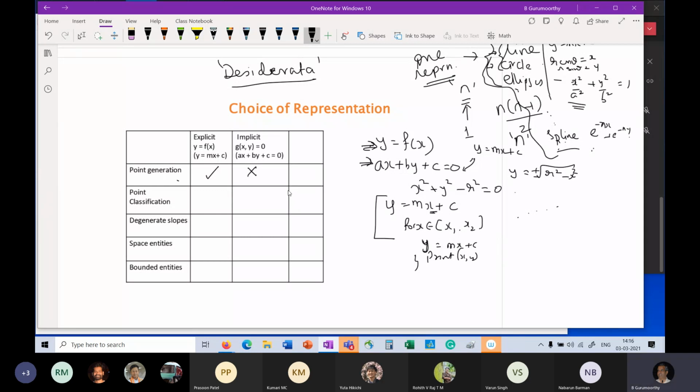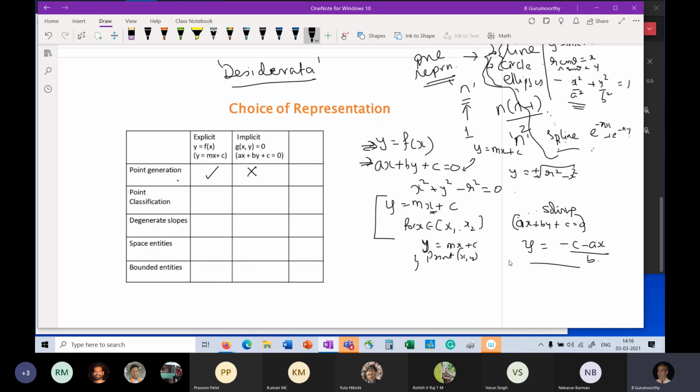On the other hand, with the implicit form, you have a problem, which is that you have to rewrite this representation, ax plus by plus c is equal to 0, as something else. And then you have to do this. Now, computationally, this is not very elegant because you are actually solving the equation here. Because it was linear, I could do it by hand.